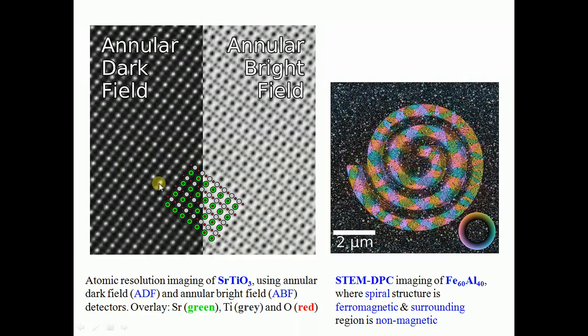So this is possible with the help of STEM. Also, the spiral structure of FeAl alloy, where the spiral structure is the ferromagnetic region and the surrounding black is the non-magnetic region. Such kind of study is feasible with the help of STEM, in addition to taking only pictures of the sample.